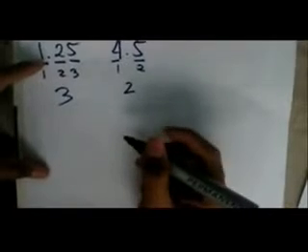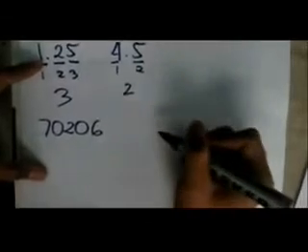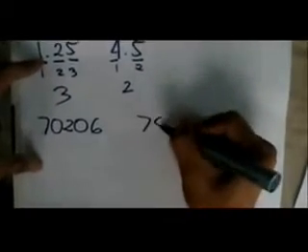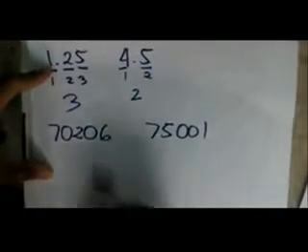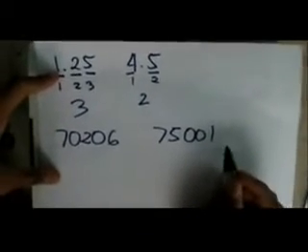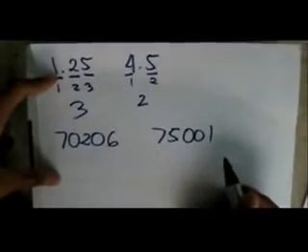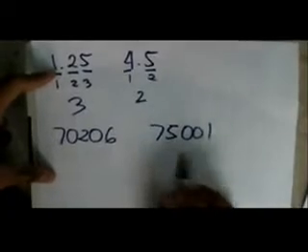The next rule is in-between zeros are always significant. For example, 70206 and 75,001. These numbers contain zeros, but the zeros are in between non-zero digits, so they are significant.